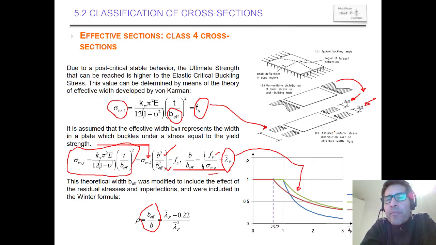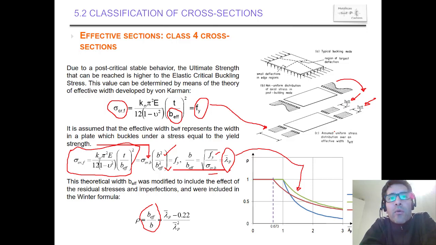It's a hyperbola, and the maximum value it may yield is 1, because rho, not lambda, sorry, rho, the solution of this equation, the maximum one is 1, because the proportion between the effective width and the total width cannot be greater than 1.